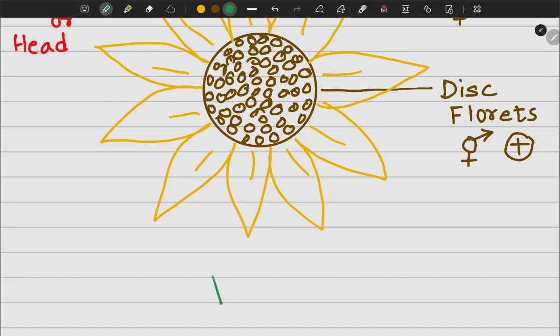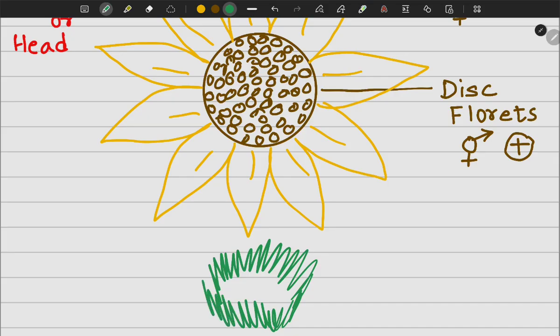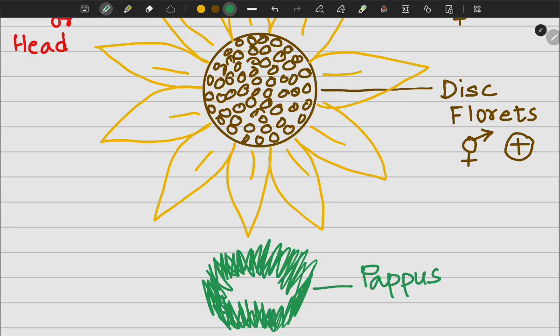If you look at the calyx of the sunflower, it looks like this. Like the bristles of a brush. So this kind of calyx is called pappus, which is bristle-like.